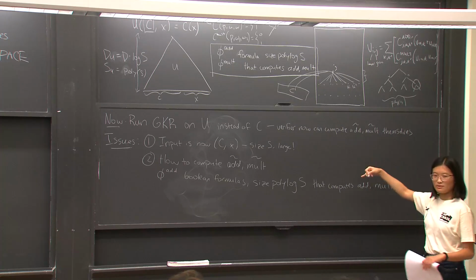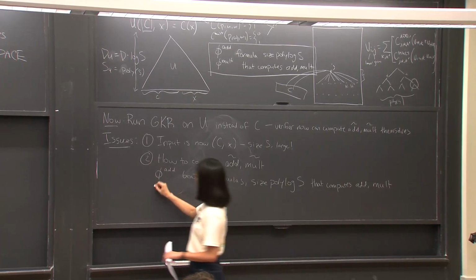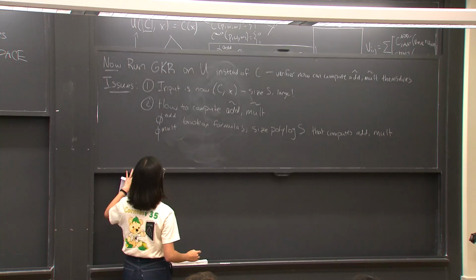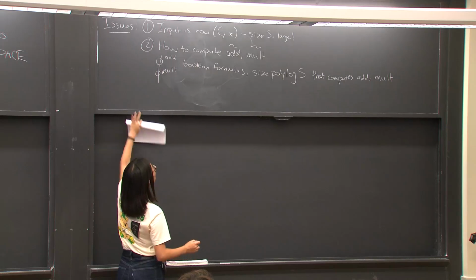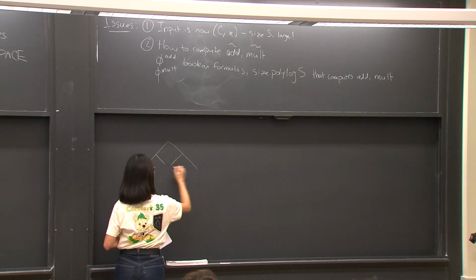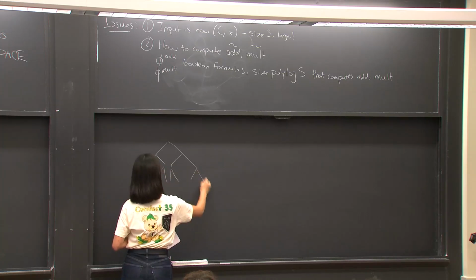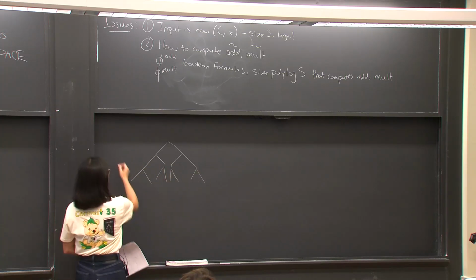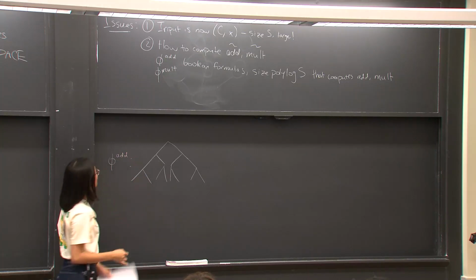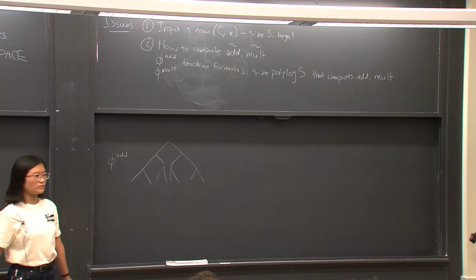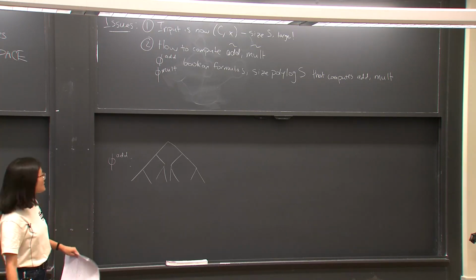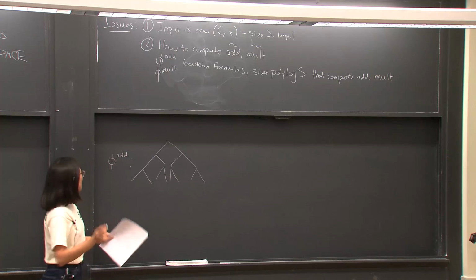This doesn't have a square on top because it's not a linear extension. So this is what phi of add looks like. It's a Boolean formula, so it's a big tree. Not big actually, it's a very small tree, polylog size.